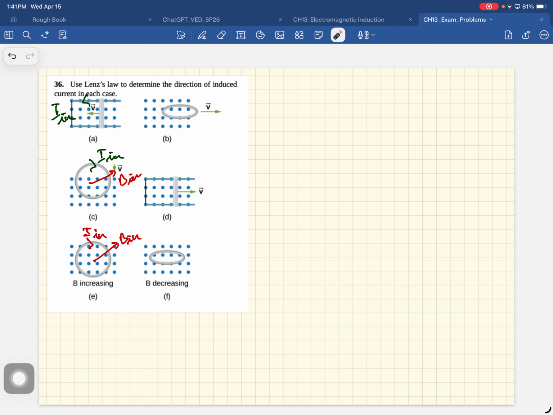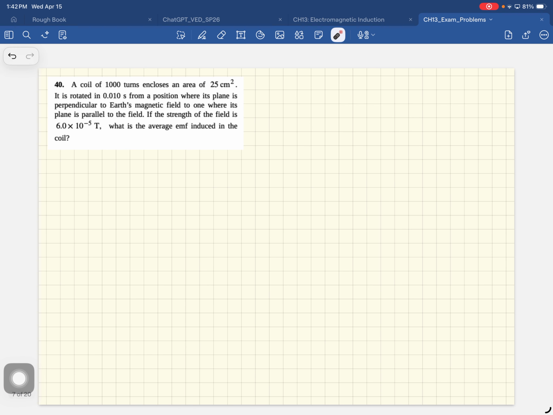And the voltage across the rod, since the force on the positive charge is in this direction, is BLV, where L is the length of the rod. So there's the magnetic field, there's the speed, and there's the length of the rod.